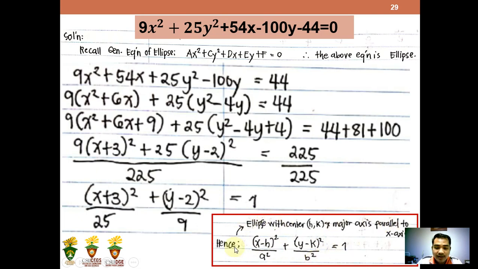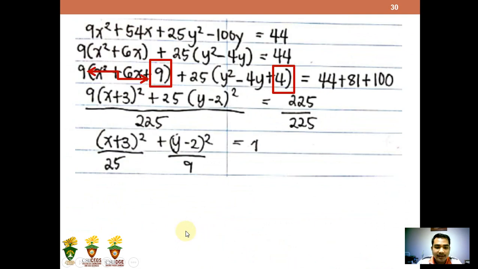This is the formula when the ellipse has center h, k and its major axis is parallel to the x-axis. Remember that h is 3, and k is negative 2, and our a squared is 25 and b squared is 9.